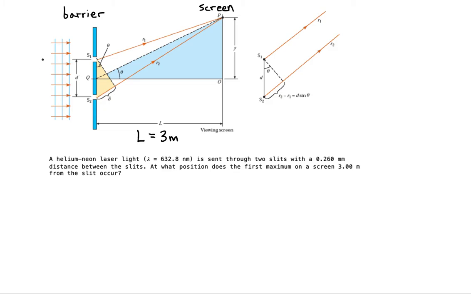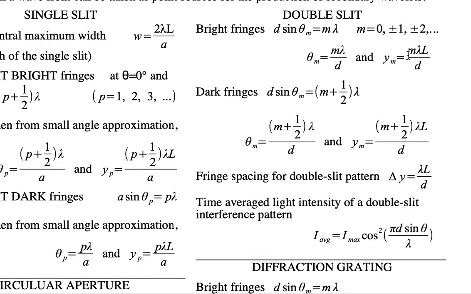The distance D is the separation between the slits, and that is D equals 0.26 millimeters. The wavelength of light, 632.8 nanometers. All right, the formula we want for this is this one right here.